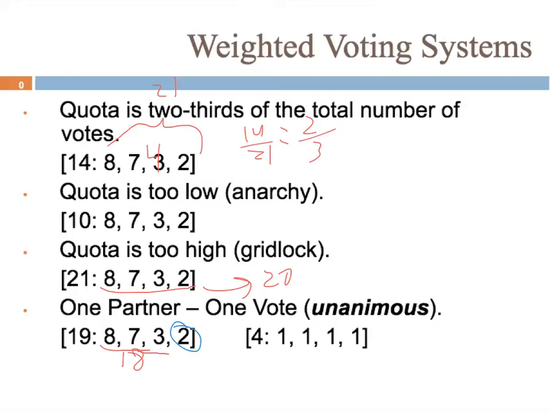So in this case, even though we would go over a little bit, every player is needed. So that's really a better definition of this. It's not just when the total weight adds up to the quota, but when every single player is needed to pass the motion. The other example, this one's a lot easier, so just 1 plus 1 plus 1 plus 1. We would need all of those votes to get to the quota to pass the motion.